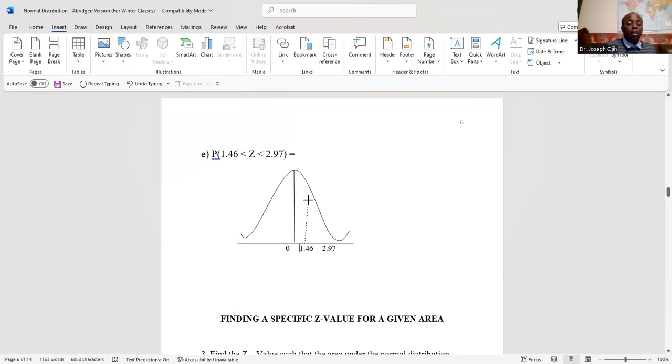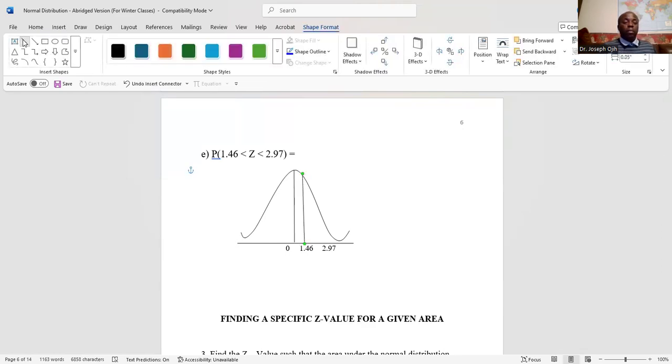This is the first one, and the second one is here. So now between these two, we're gonna shade the area between the two.